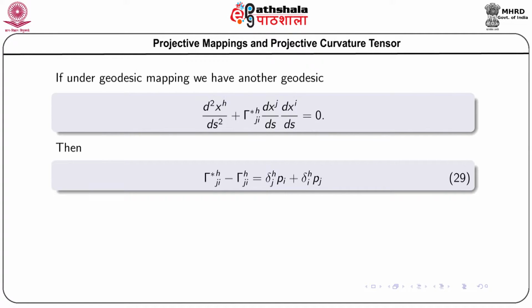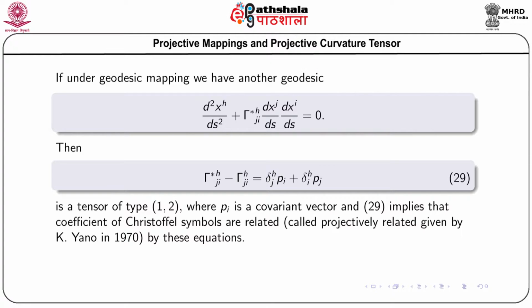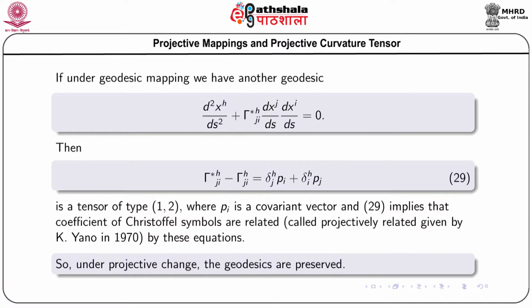Then they are related by this relation, gamma star^h_ji minus gamma^h_ji equals to delta^h_j p_i plus delta^h_i p_j, where p_i is a covariant vector and the difference of these two, that is gamma star^h_ji and gamma^h_ji, is a tensor of type (1,2), and the coefficients of Christoffel symbols are related and it is called projectively related, given by K. Yano in 1970 by the equation number 29. So, under projective change geodesics are preserved.